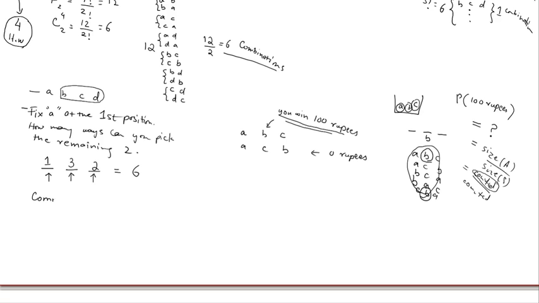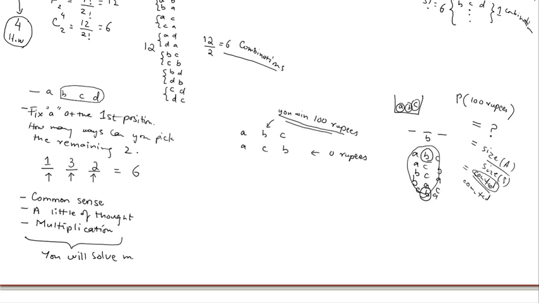Look, as long as you're using common sense, a little bit of thought, a little bit of effort, and the multiplication principle, you will solve most of these questions, almost all.